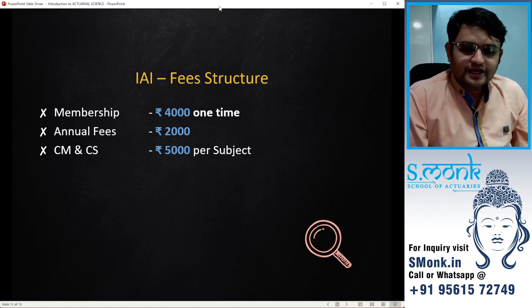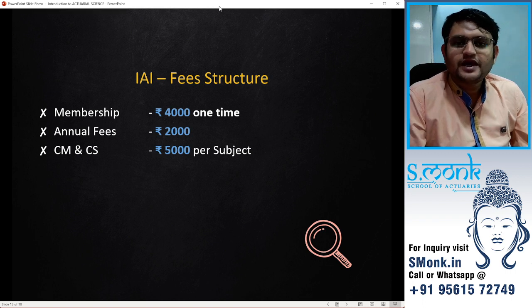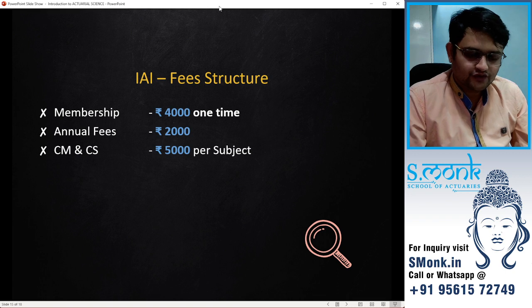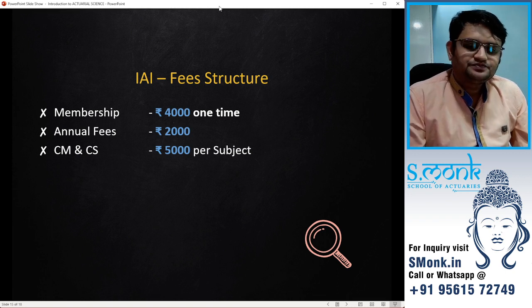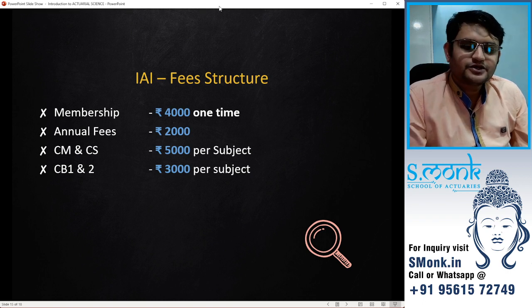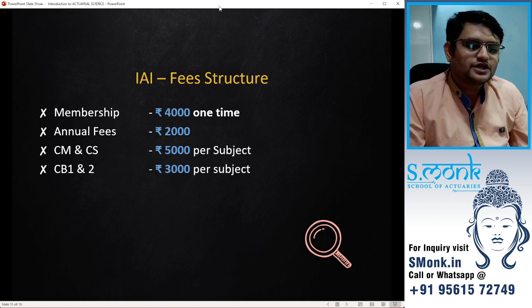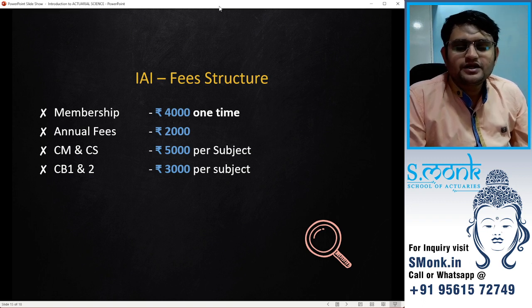The subject examination fees is 5,000 per subject for CM and CS level. So for the first 4 subjects, these are the fees. And for CB 1 and 2, it is 3,000 per subject. But other than that, you have to also buy material from the institute itself. That is compulsory. So before giving the examination, you have to buy the material also.